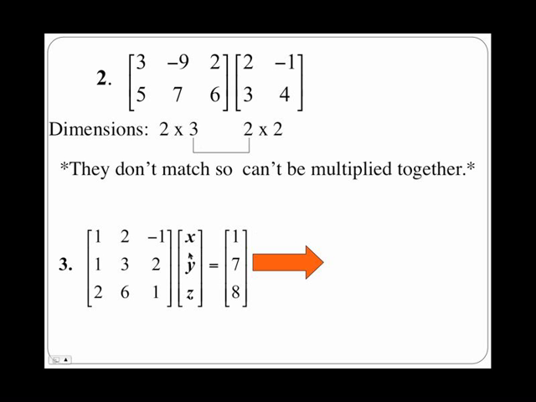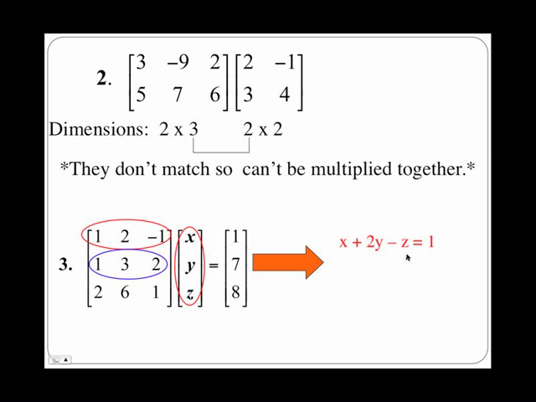So we're going to multiply these two matrices on the left together and see what it gives us. So we're going to take the rows of the first and multiply it by the columns of the second. And since there's only one column in the second, it should be fairly easy. So we'll do 1 times x, 2 times y, and -1 times z. And we get x plus 2y minus z.